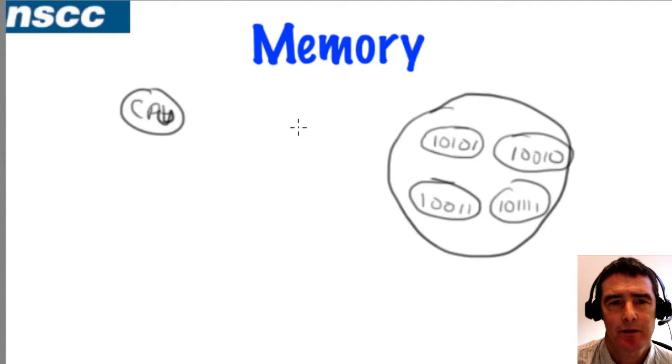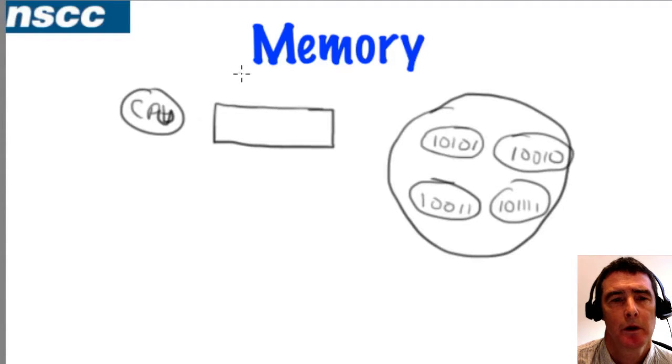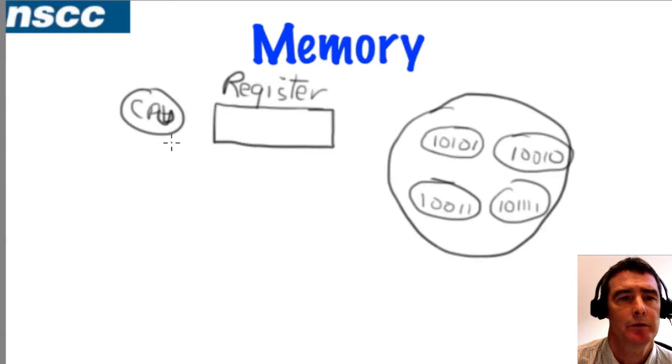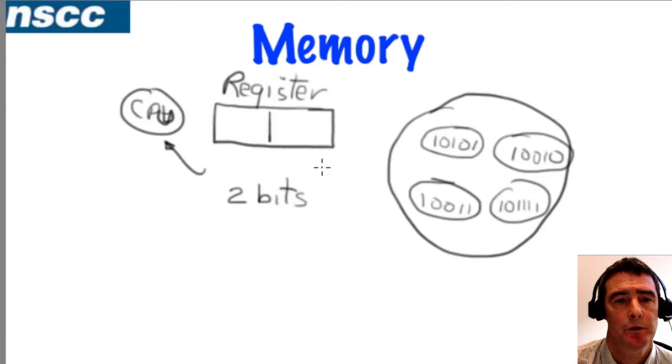But to actually access different numbers, there needs to be a mechanism to do this. Now, we're going to talk in the CPU about this thing called a register. A register is just something that stores bits of information inside a CPU. So it's sort of like a little memory location. Now we're going to talk about a register that can store 2 bits. So it's called a 2-bit register.